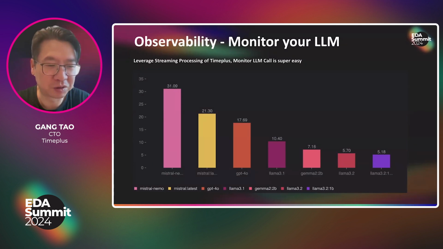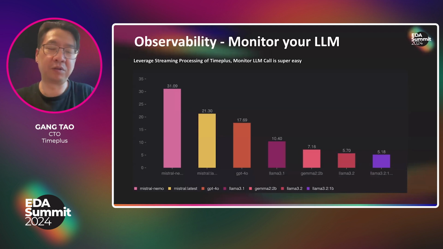So some models like this one, Mistral Nemo, is super slow locally, and some models are fast, like this 3.2 1B is better because this is a smaller model, right? GPT-4o is okay. Even though it's on the cloud, OpenAI provides a good facility for hosting those inference architectures.